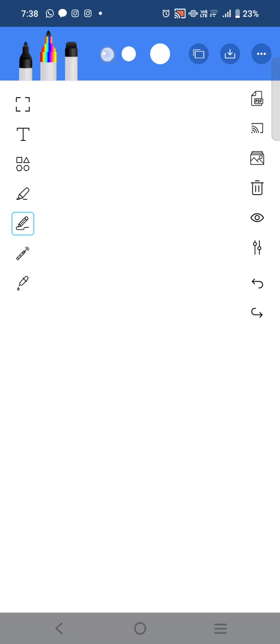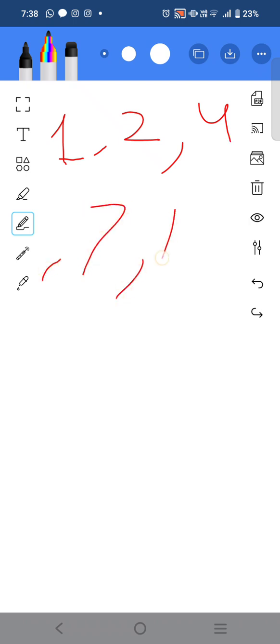Now let's do it for 28. The divisors of 28 are 1, 2, 4, 7, 14 and 28 itself. The proper divisors are exactly the same except 28.